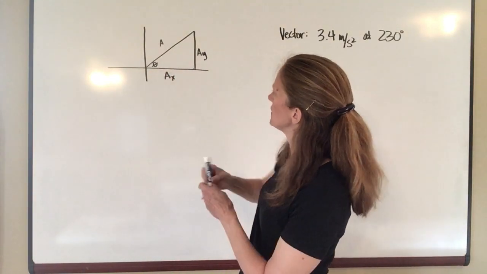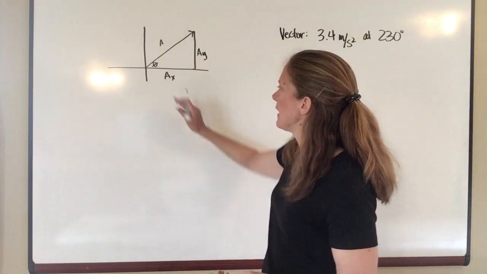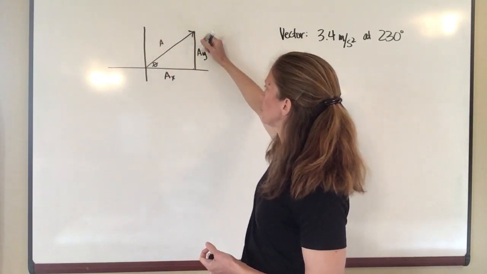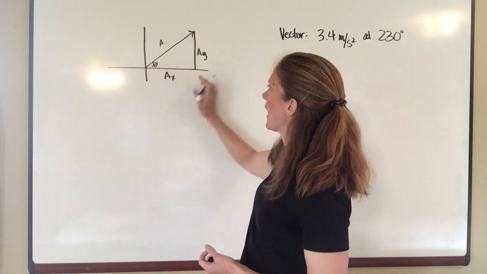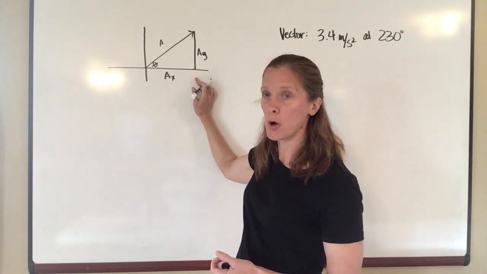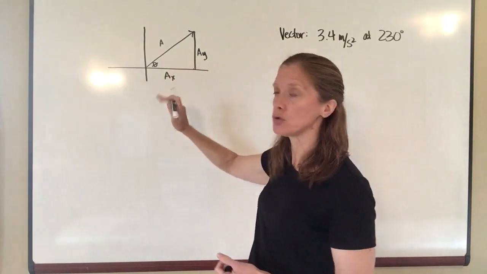If this is vector A right here, then if I go to the end of this vector and drop a line down to the x-axis, this is going to be the y component and this is going to be the x component. Now, how am I going to relate all of these to each other?